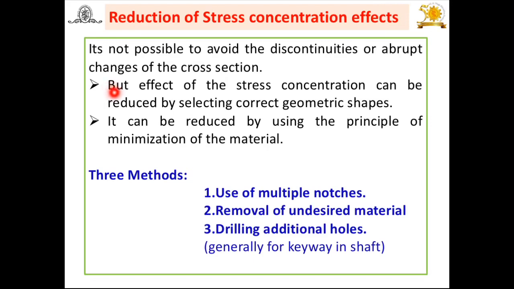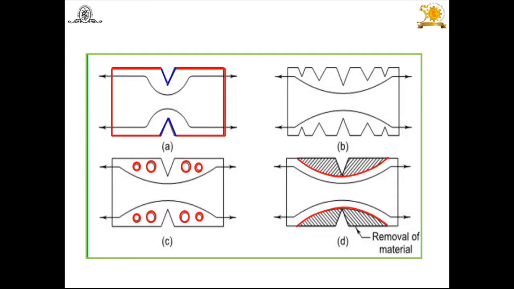But what we can do is reduce the effect of this stress concentration up to a certain extent by selecting correct geometry, and second, by using principles of minimization of the material. There are basically three methods. First one is the use of multiple notches, second one is the removal of undesired material, and third one is the drilling of additional holes. By using these three methods, it's possible to reduce the stress concentration effect in machine components.